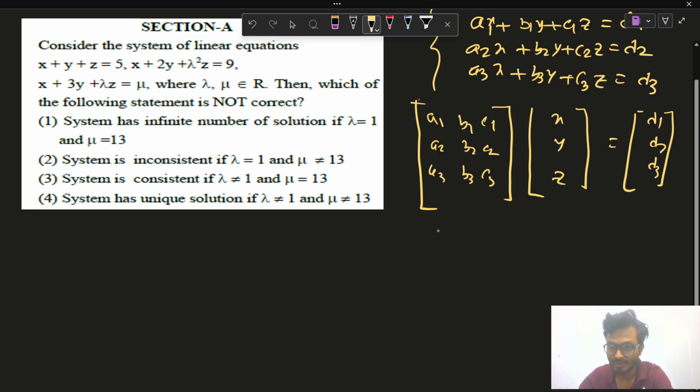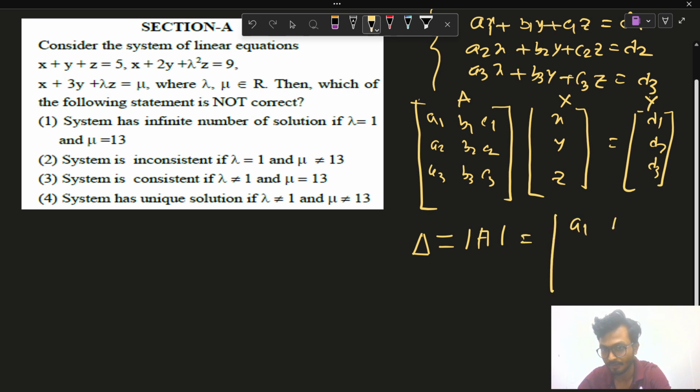Now for this system we define this delta. What is delta? If we name this A and this capital X, this capital Y, then delta is the determinant of A, that means the determinant of a1 b1 c1, a2 b2 c2, a3 b3 c3.